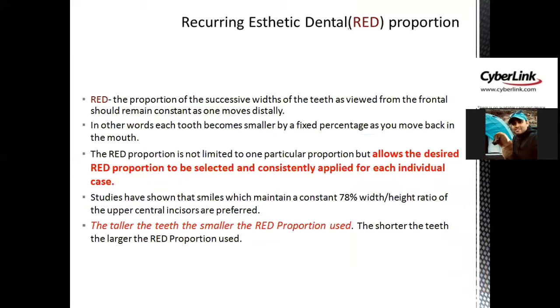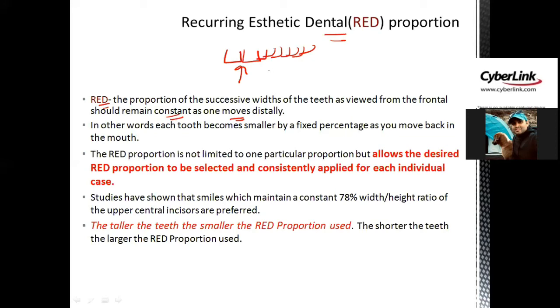Reoccurring aesthetic dental proportion. What is RED? The proportion of the successive width of the teeth as viewed from the frontal should remain constant as one moves distally. That means when we are looking at these teeth from the front side, all the teeth should remain constant, right?